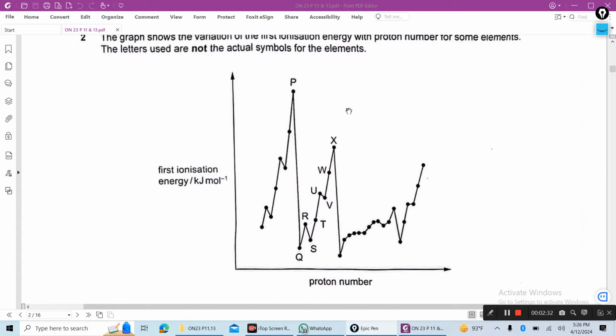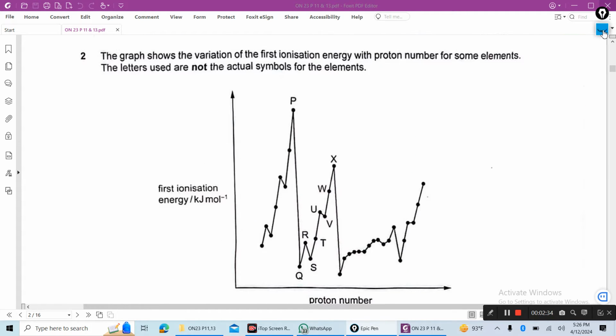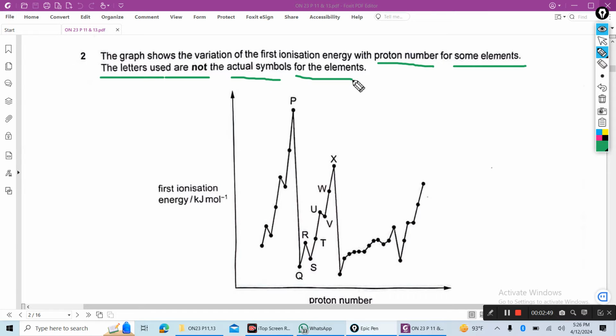Next, number 2. The graph shows the variation of the first ionization energy with proton number of some elements. The letters used are not the actual symbols for the elements.